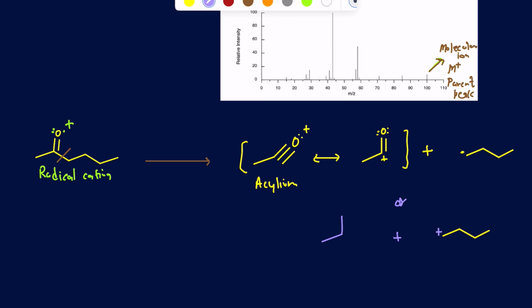What if I create this as my other radical here? Obviously it's going to have one electron there.